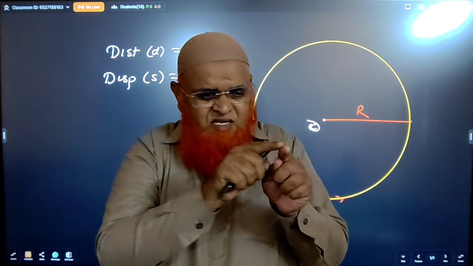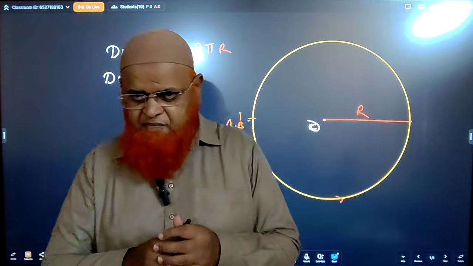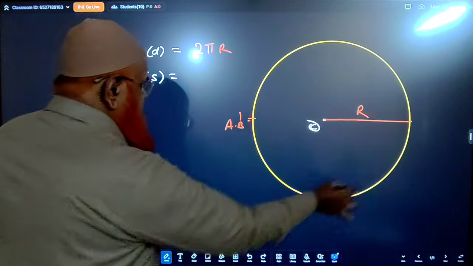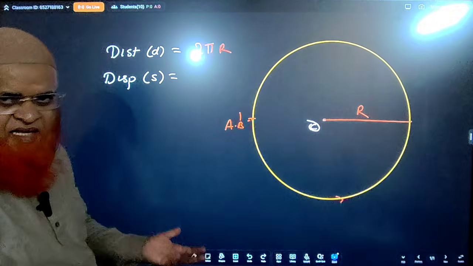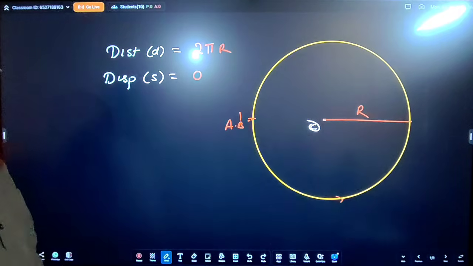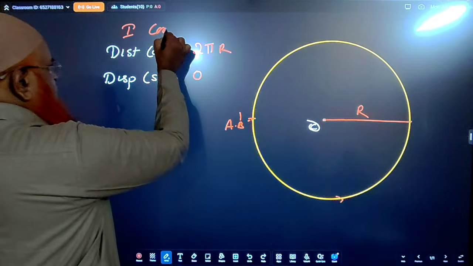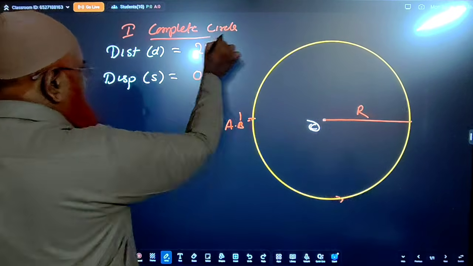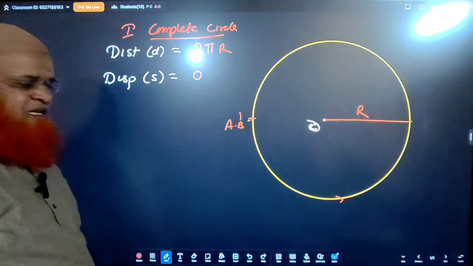You take two points and draw one straight line, that is going to be the displacement. I told you already. Now the starting point and the ending point are the same, so where can you draw a straight line? You can't draw a straight line. So displacement is going to be 0. So this is case 1, where we call it a complete circle. For a complete circle, distance is 2 pi r and displacement is 0.